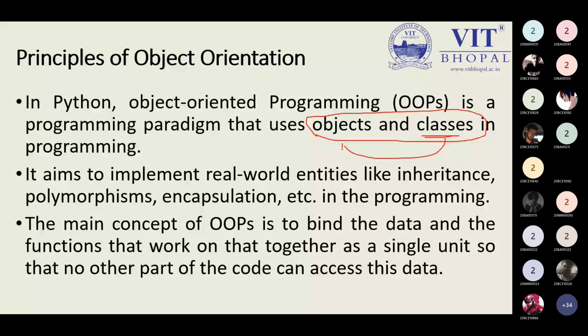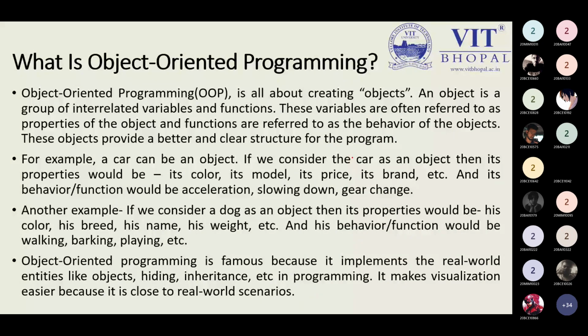Without the object, class is nothing, and without the class, we can't create the object. An object is the real world entity by which we can access the properties of a class. So this is the most important concept.